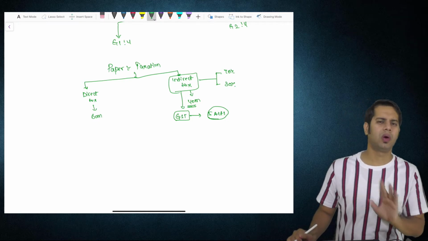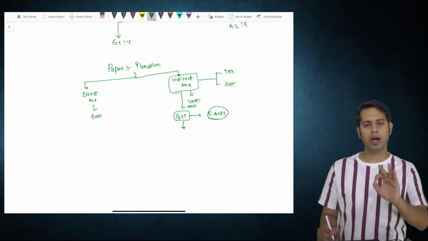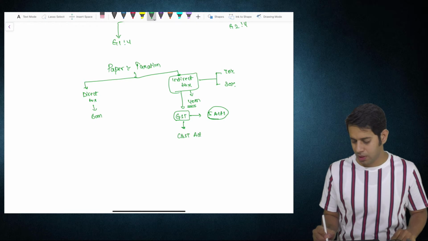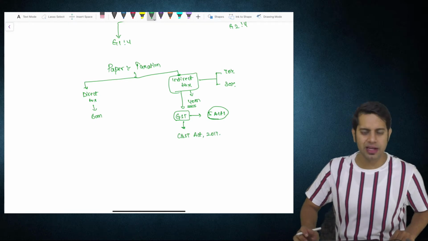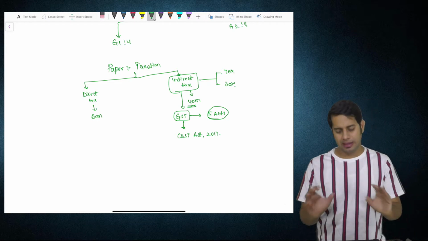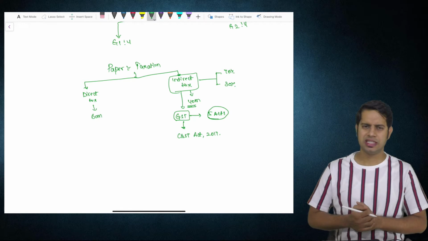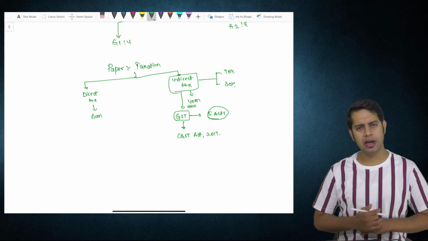No, you don't have to learn all these 5 different acts. There is only one act which is applicable to you at this level, which is the CGST Act. So there is the CGST Act 2017. That is the act which is there in your syllabus, and you have to learn only whatever is there in the CGST Act. Different provisions under GST which are there for you are taken from this particular act.